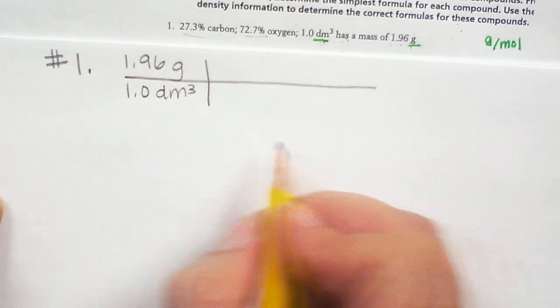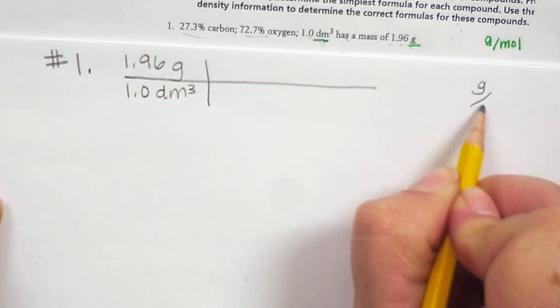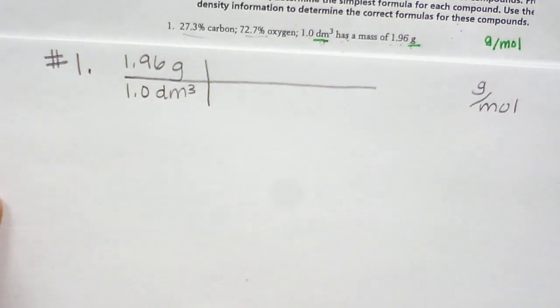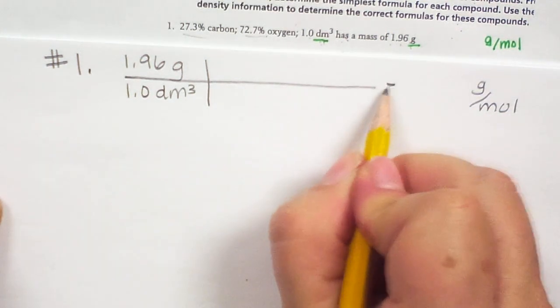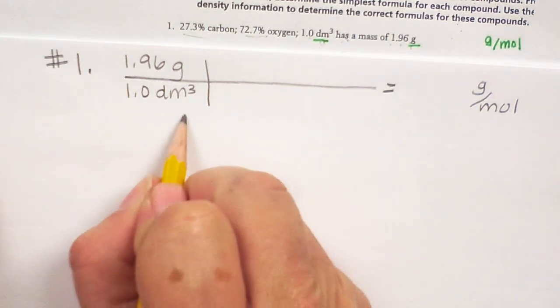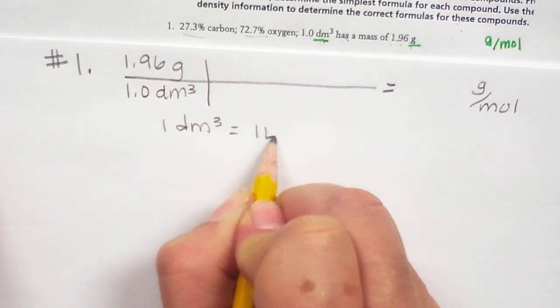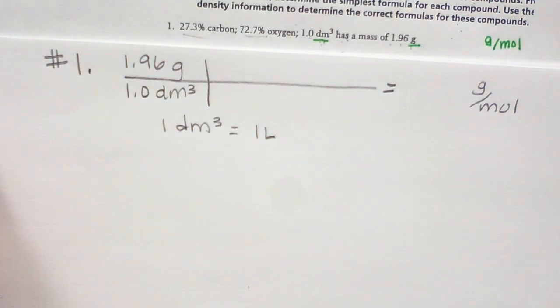Now, you're trying to get to grams per mole, because grams per mole are the units of molar mass. So that's what we want, right? The one thing that would be helpful here is that 1 decimeter cubed is equal to 1 liter. That is super helpful. I know that. I'm telling you.